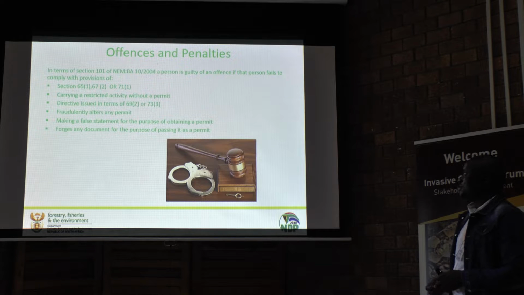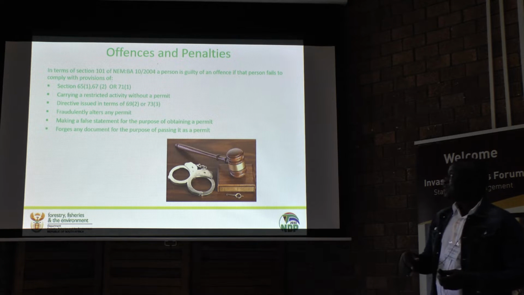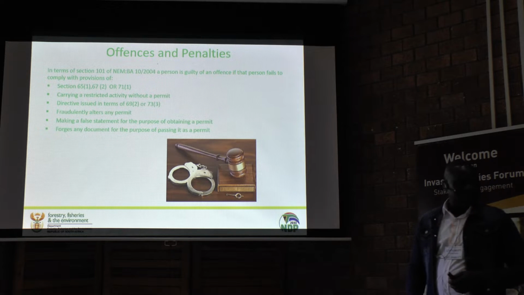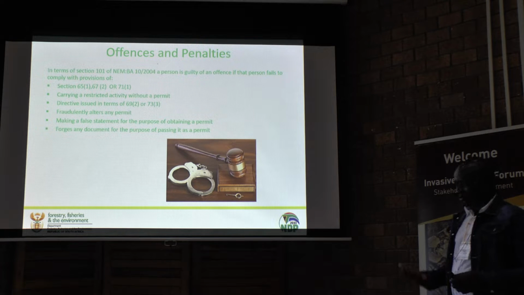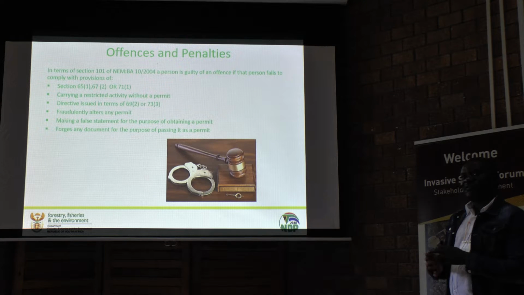Tampering with the permit. Let's say you said you are applying for a permit for beef wood, and then we find that there is black water. Or for example, for the ring neck, you apply for a permit to have 5 ring necks.